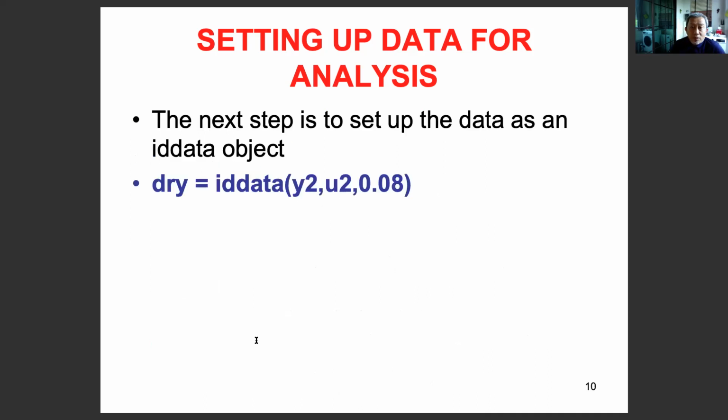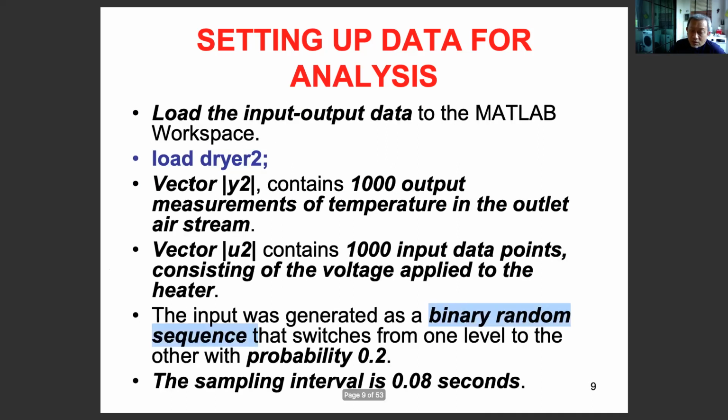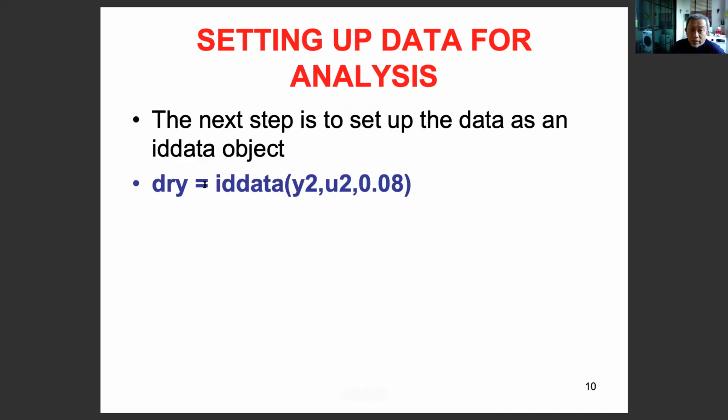The next step is to set up the data as an iddata object, using this command: dry equals iddata of Y2 output data, U2 input data, and 0.08, which is the sampling time.